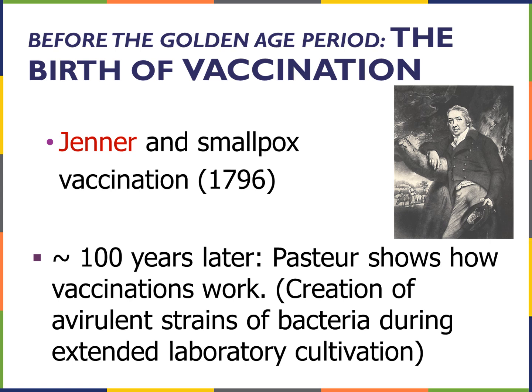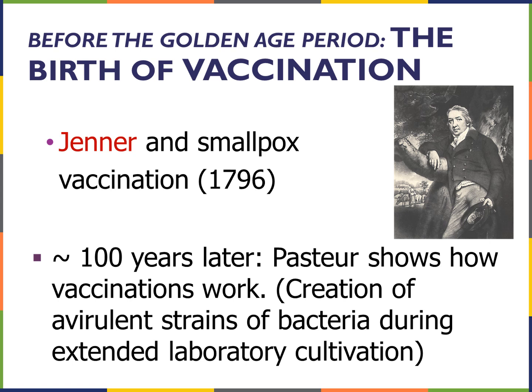They still at this point did not really know how the immune system worked, but he had an inkling that there was some protection offered by the human body from smallpox, because the human body had been exposed to cowpox.